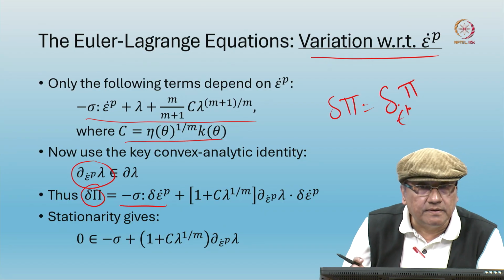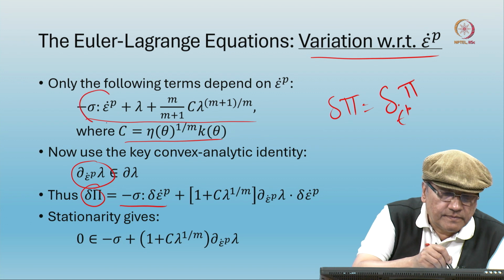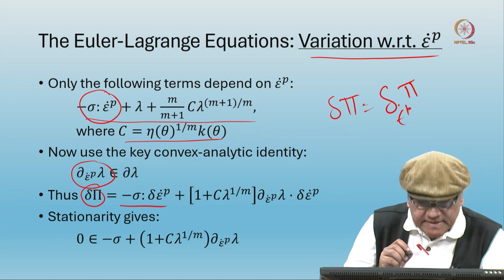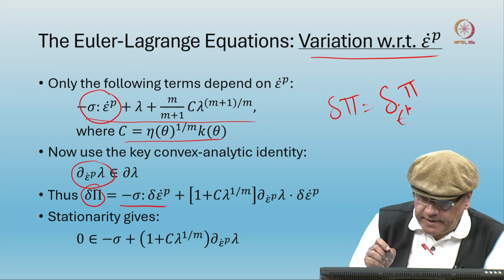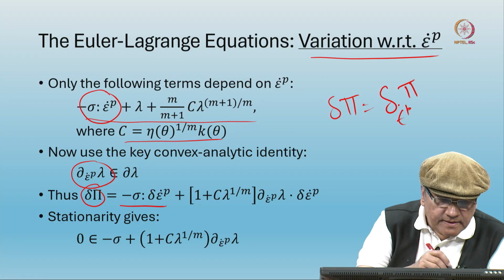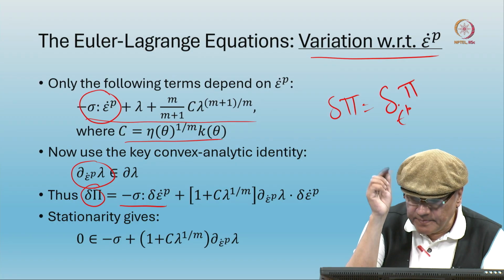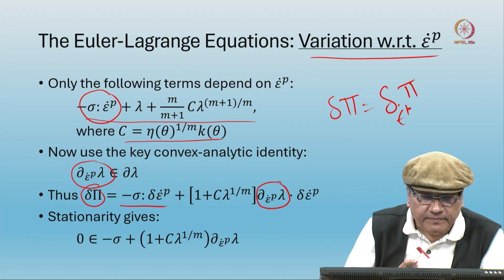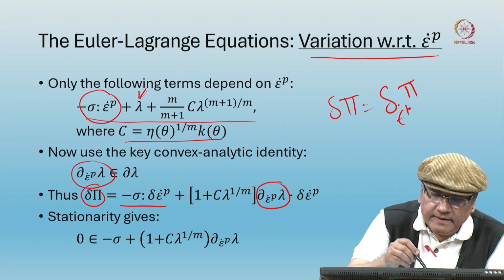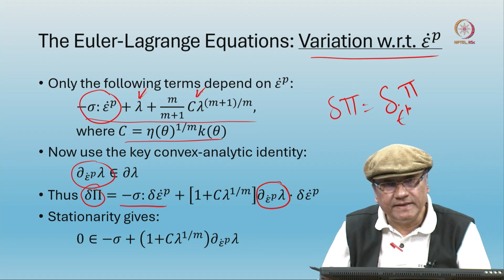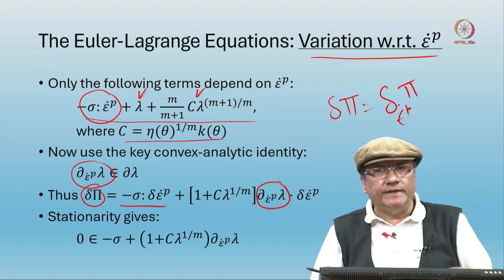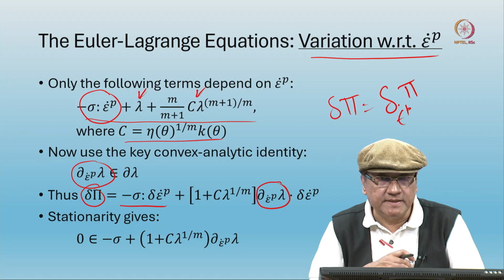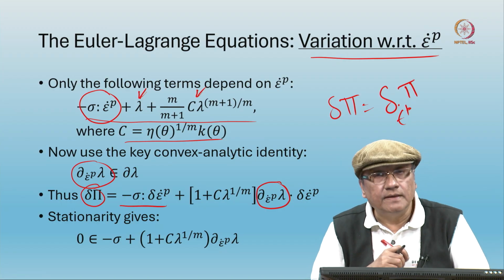The first term is simple from here. The second term is delta epsilon p dot lambda, taken as a factor because lambda appears here too.